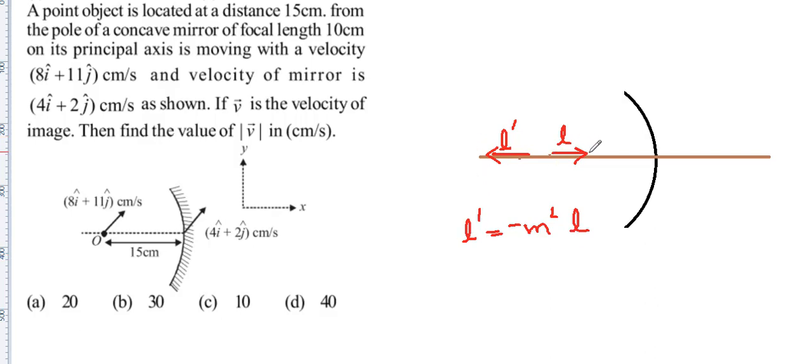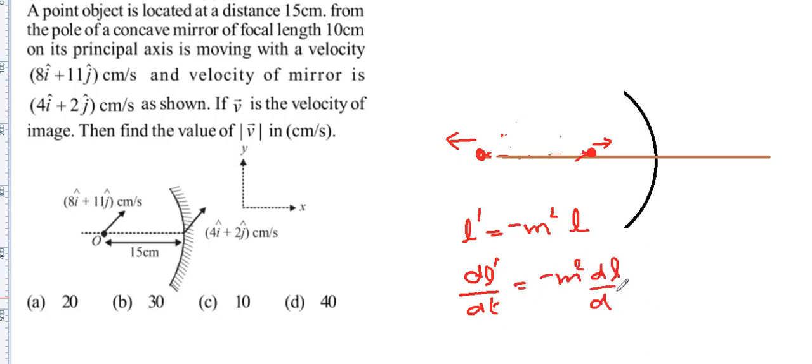Now imagine the tip of the object and the tip of the image. Then forget about the length of the object. Now if the object is approaching, the image should be going away. And then you can differentiate it. dL dash by dt is equal to minus m square into dL by dt.